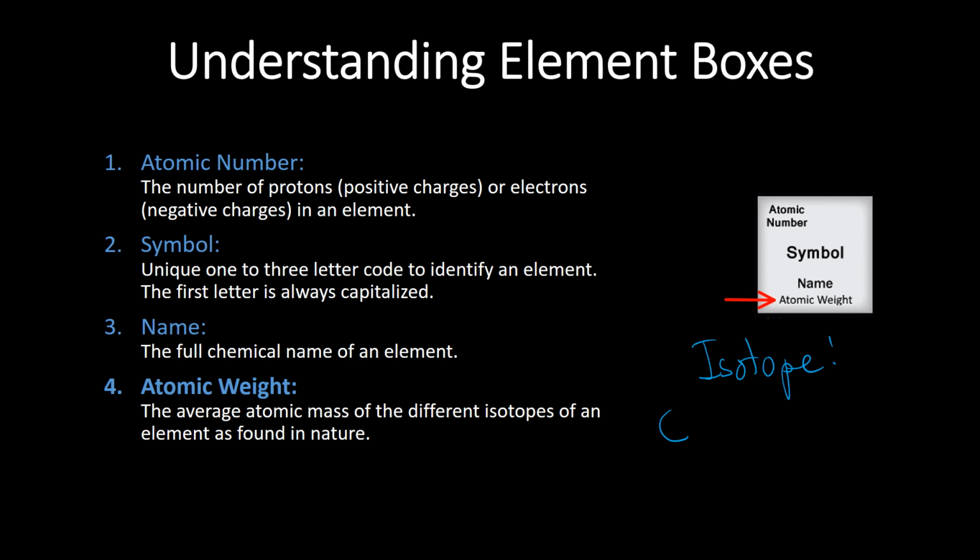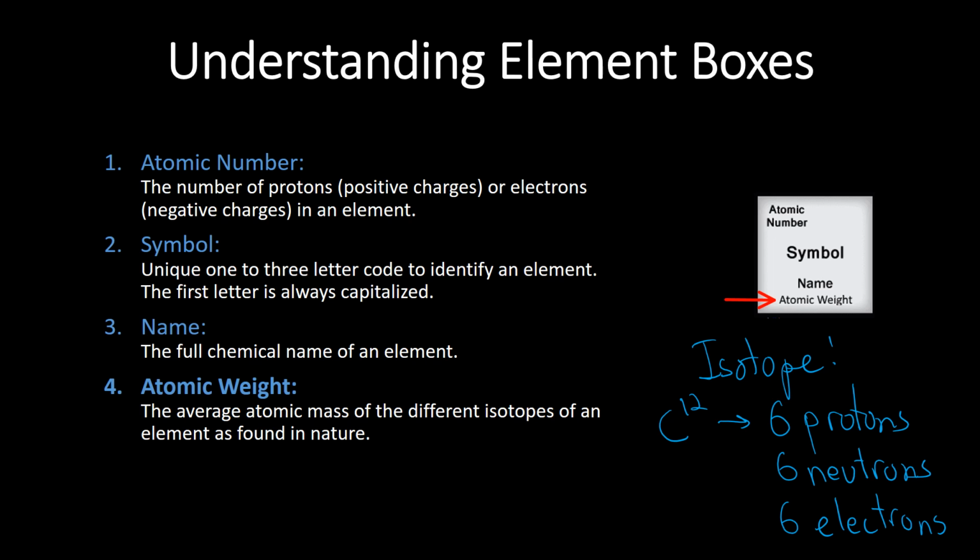So let's look at carbon-12, which has 6 protons, 6 neutrons, and 6 electrons. The 12 comes from the 6 plus 6 from the protons and the neutrons, as the mass of electrons is negligible.